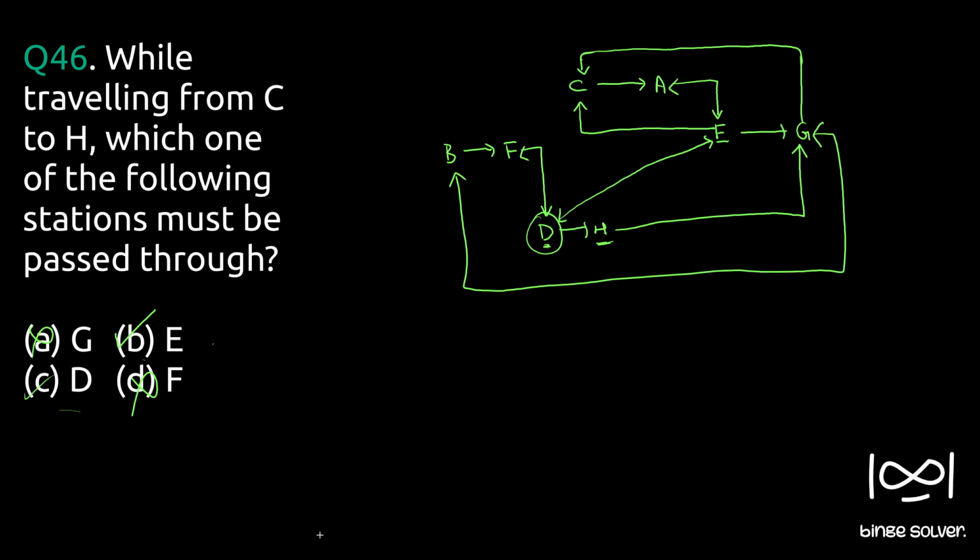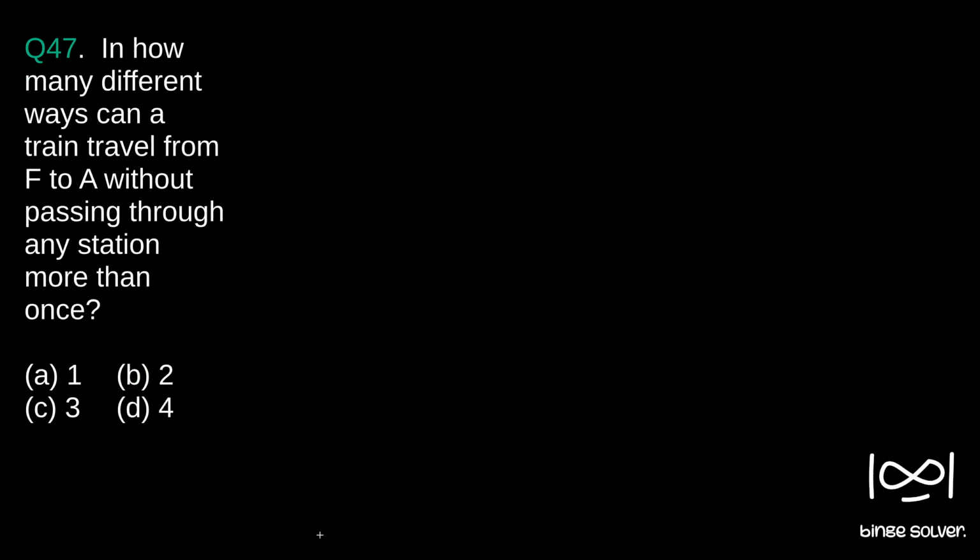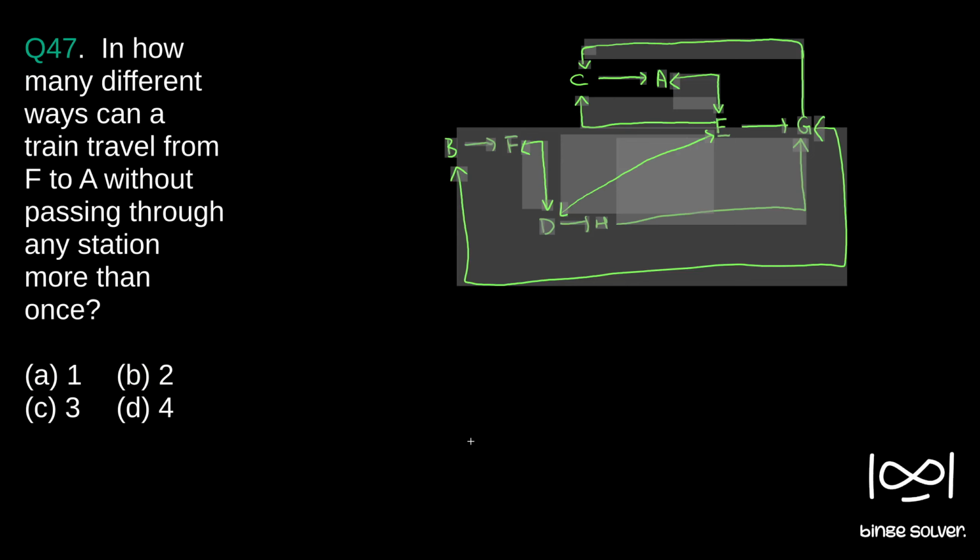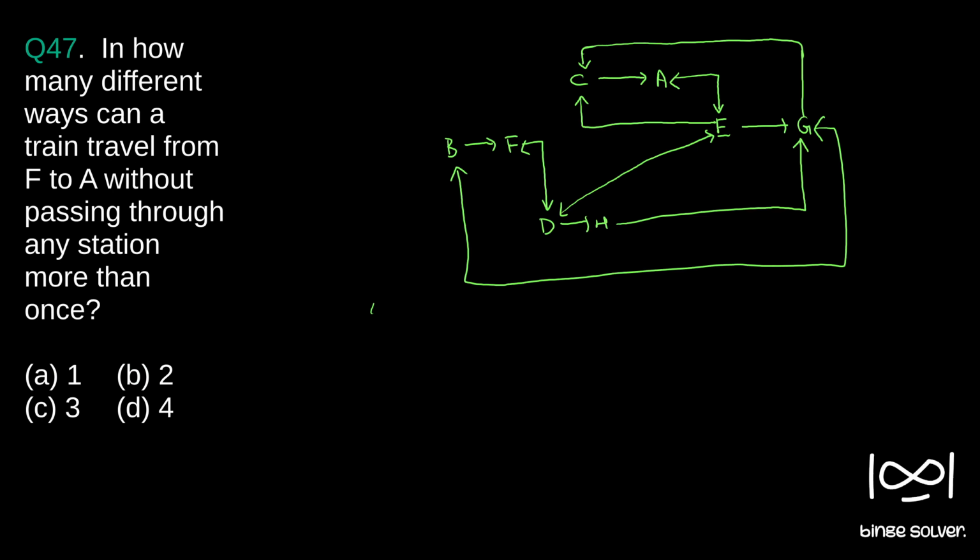So we will move on to question 47. In how many different ways can train travel from F to A? So now F to A is the question. First, we can count the number of possible ways.